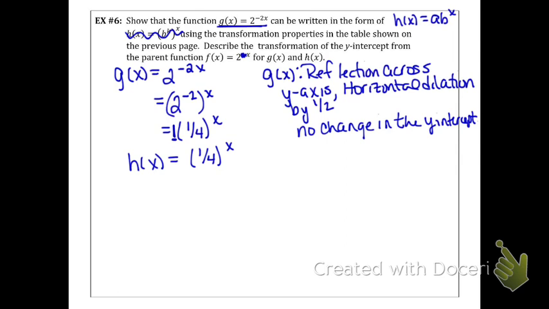Then for h of x, it just gave us a different base is all it did. And so because it gave us a different base, it's still going to give us the same y-intercept. So only a different base, with no transformations.